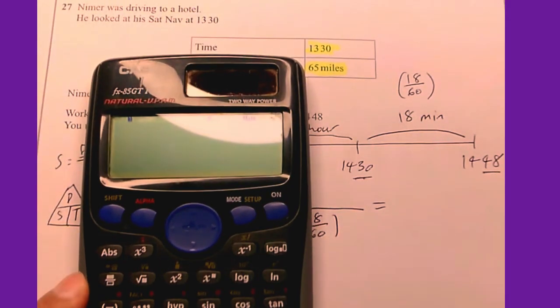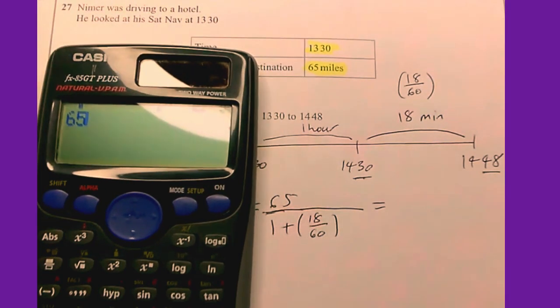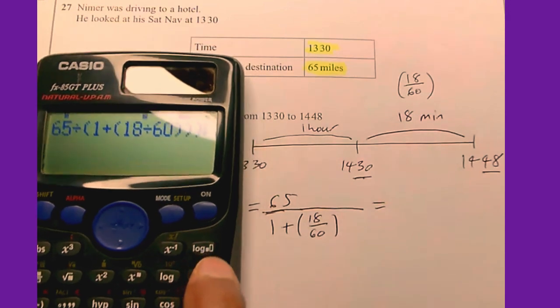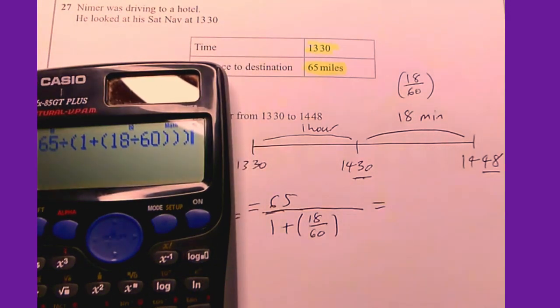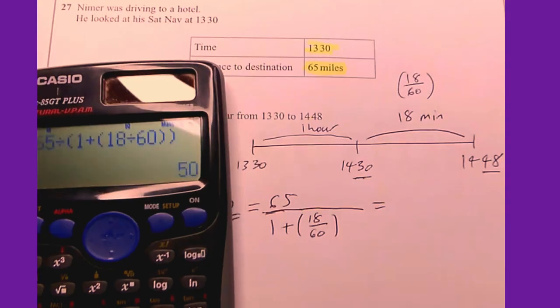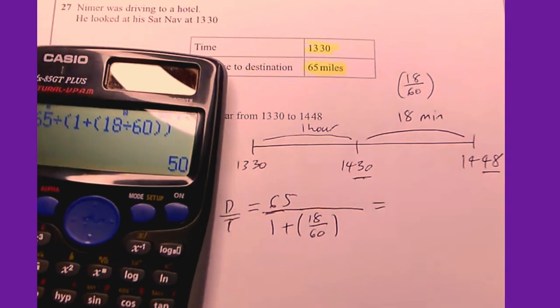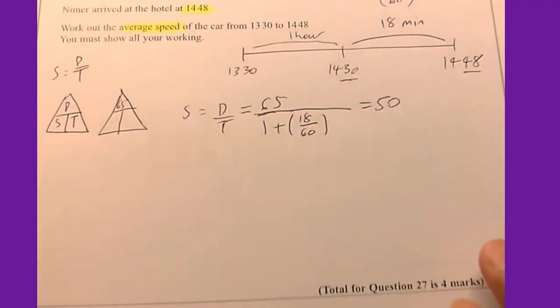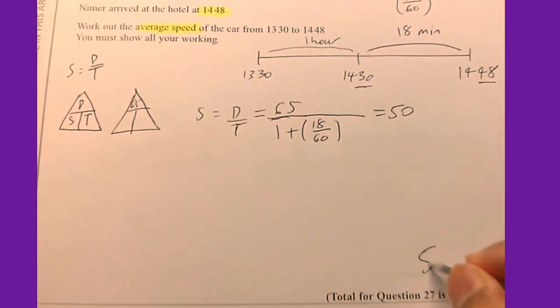So I've got 65 divided by bracket 1 plus bracket 18 divided by 60, close bracket. And then when I press enter, I've got 50. 50 is my answer. And so my answer is 50 miles per hour.